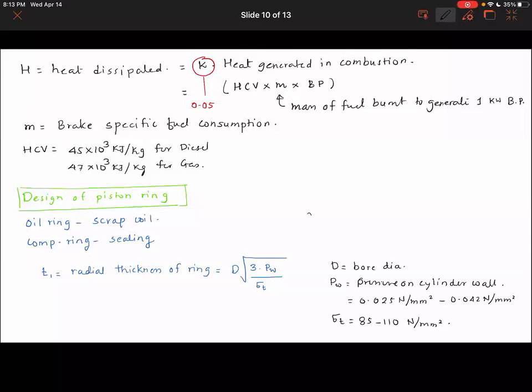And the next thing is axial thickness. Let me show you how the ring looks. If you look at the piston ring, it's going to look something like this. You have radial thickness, and then you have axial thickness.